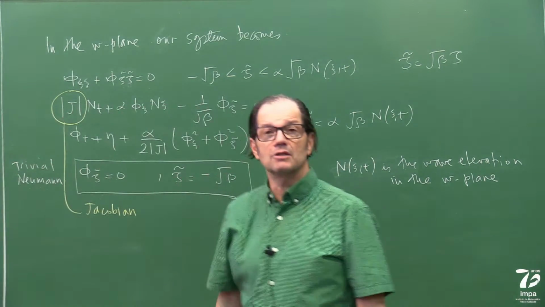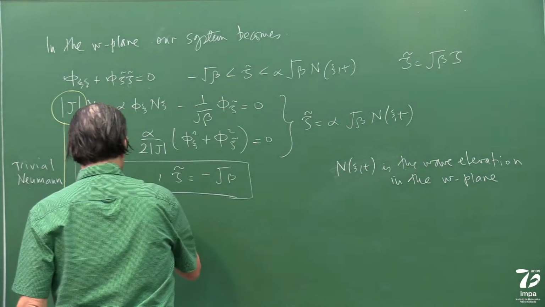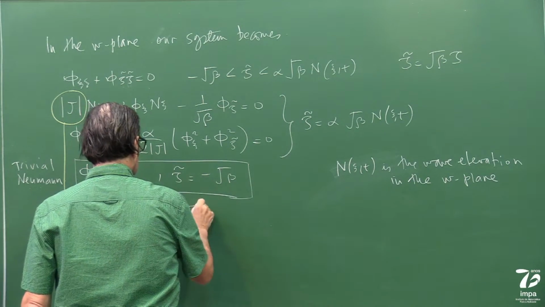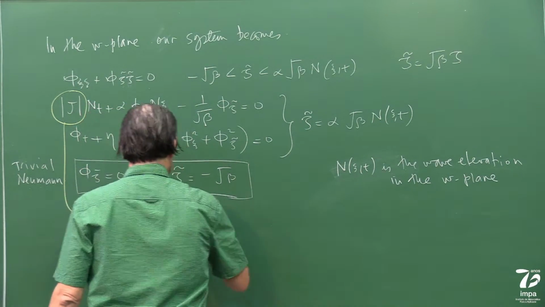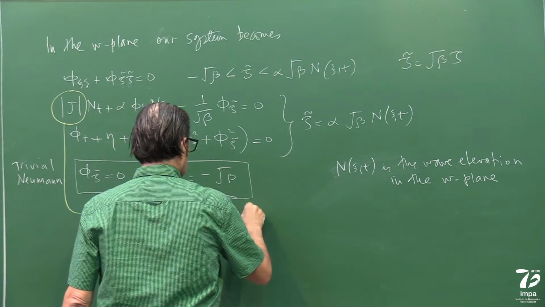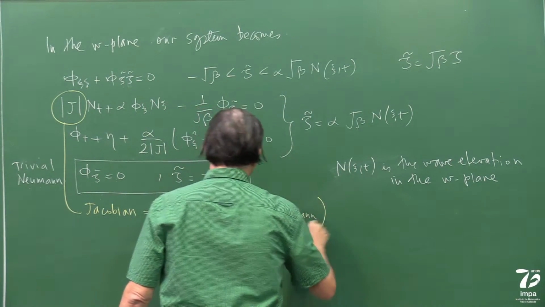This is the Jacobian of the change of variables, which I can write like this, using Cauchy-Riemann.